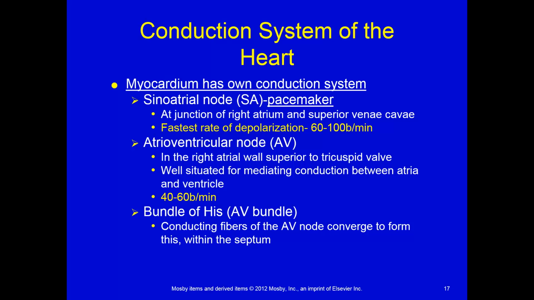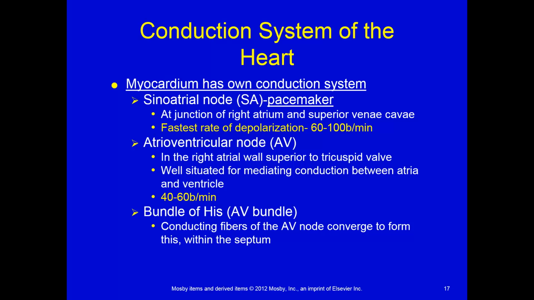Now, the next node down the chain of command, if you will, is the atrioventricular node. Just as the name might suggest, it is in the right atrial wall, superior to the tricuspid valve. So right in here. Again, here's my big black circle showing where this may be. Right here, atrioventricular node.